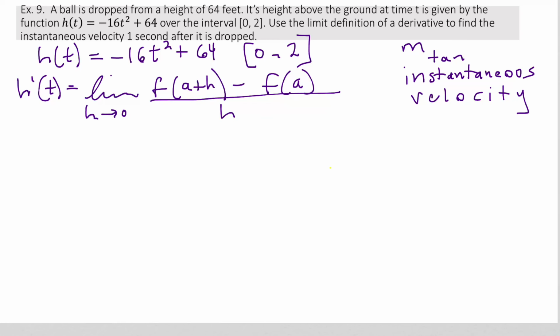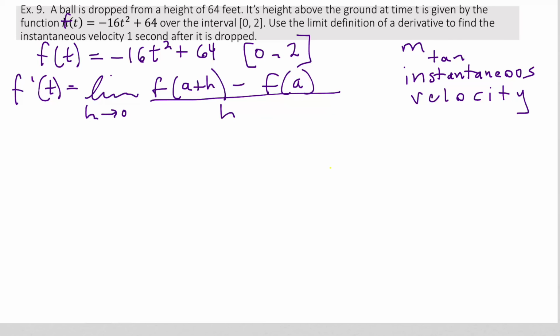So let's just call this one y so we don't get confused. Or we can just call it f. Function f of t. We don't want the variables to confuse you. Okay, so f of t is the height of the ball as it's falling.